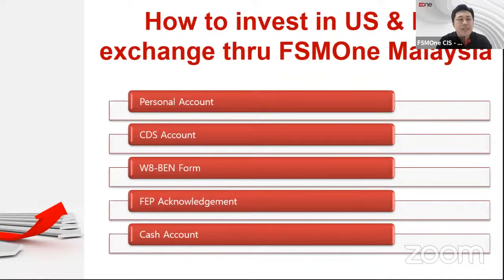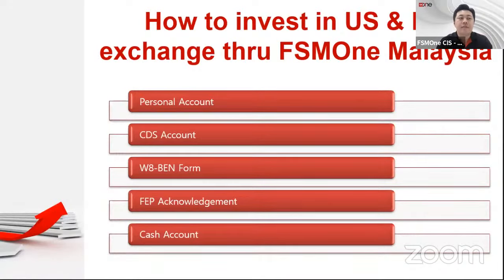Next, you will need to acknowledge the FEP policy. The FEP policy is the foreign exchange policy imposed by Dr. Mahathir since the 1997 financial crisis. FEP restricts residents who have domestic borrowing to an FX conversion limit of only 1 million ringgit per year.